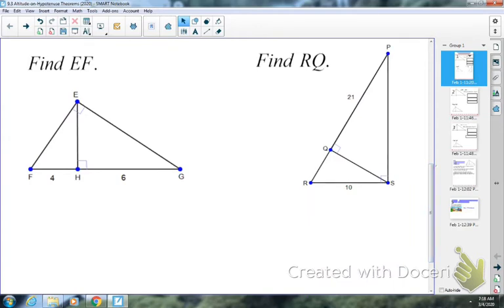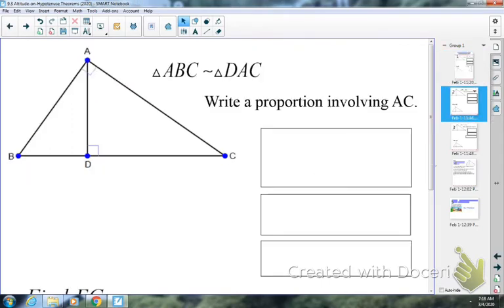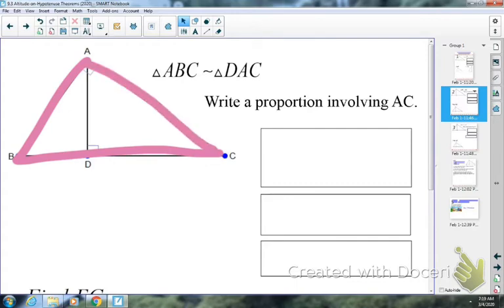In this next picture, we have triangle ABC, the big one, which is now similar to triangle DAC, the one on the right. So again, the big one is ABC and the little one on the right is triangle DAC.